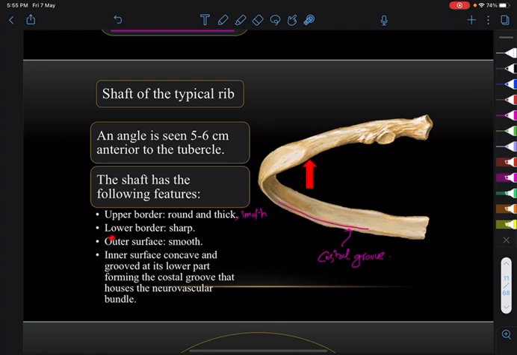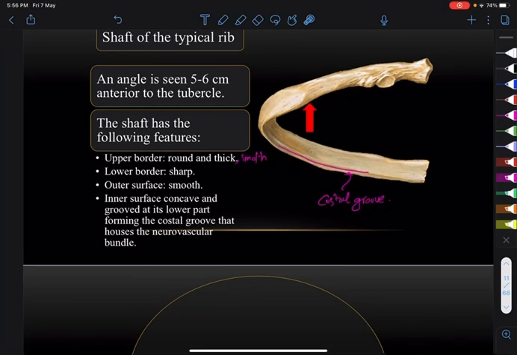The lower border is sharp, very sharp. The outer surface is smooth and the inner surface is concave, as you can see. It is grooved at its lower part, to be more specific the lower part of the inner surface of the typical rib, forming the costal groove that houses the neurovascular bundle, which is the nerve fibers, the vein and the artery. Okay.